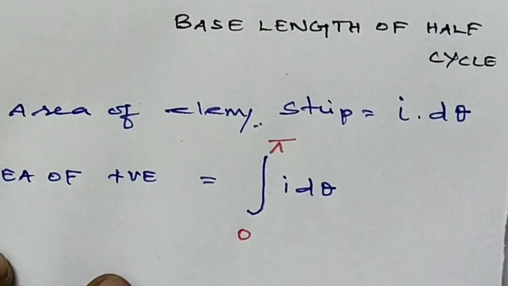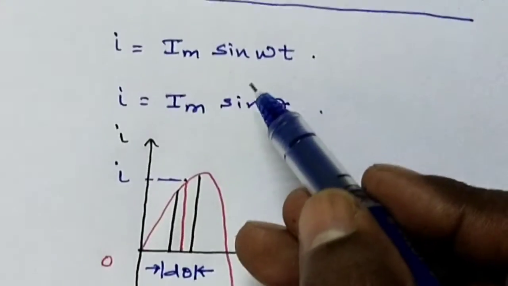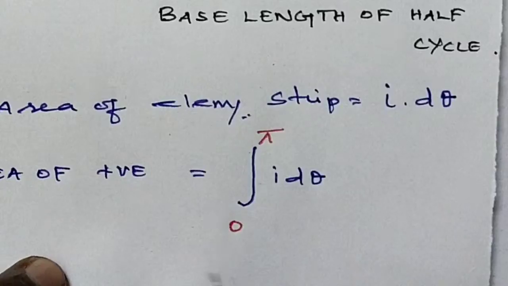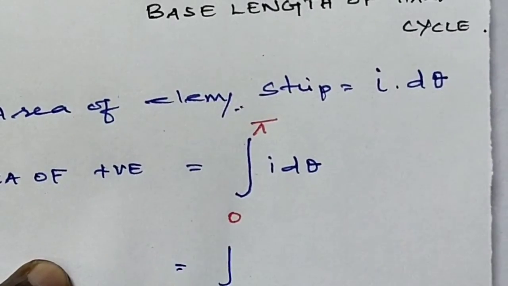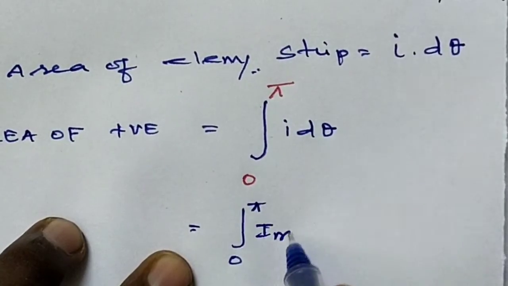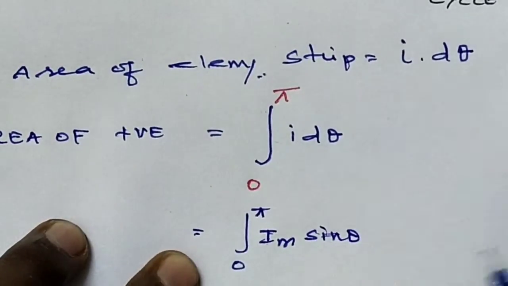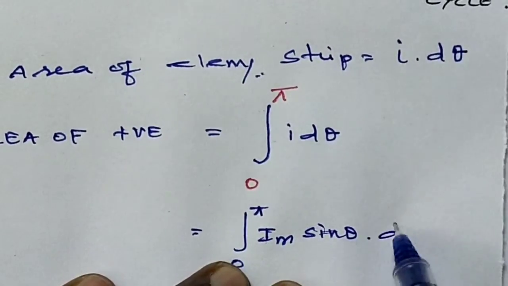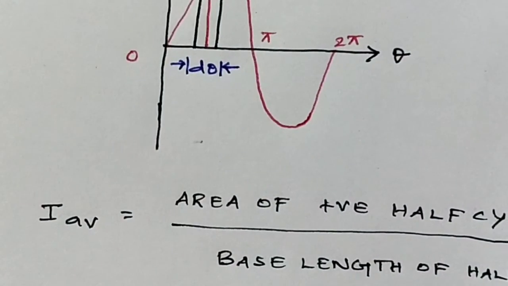Now substitute the I value, the sinusoidal alternating current. The area is the integral from 0 to pi of Im sin theta d theta. Here we use the integral form.